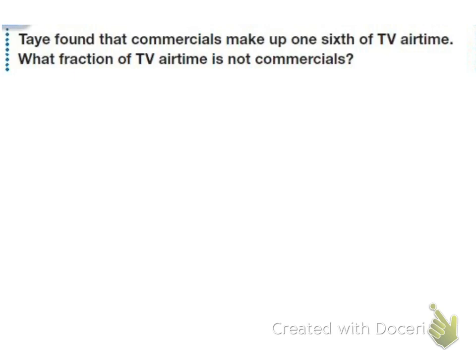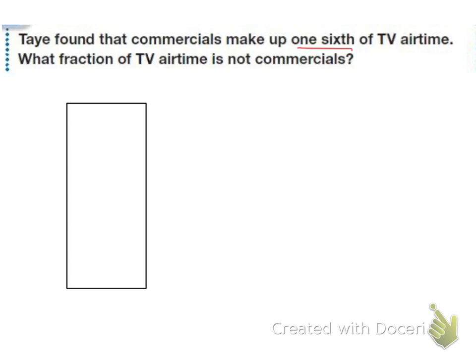Well, I can start by drawing a picture. And we can think of the TV airtime as being one whole. Okay, so I'm going to draw a rectangle to show this. And then it says that 1/6 of the airtime is commercials. So I can divide my picture up into sixths.